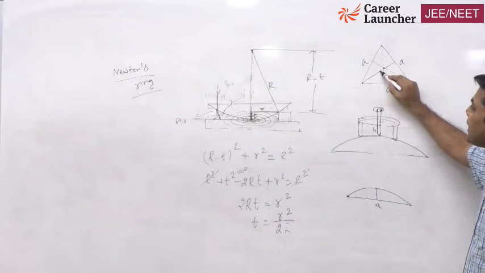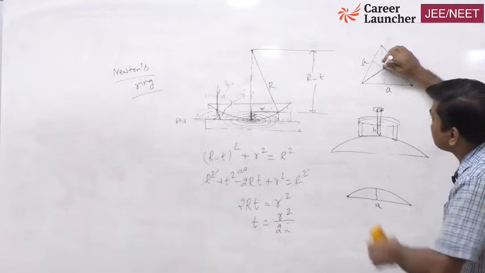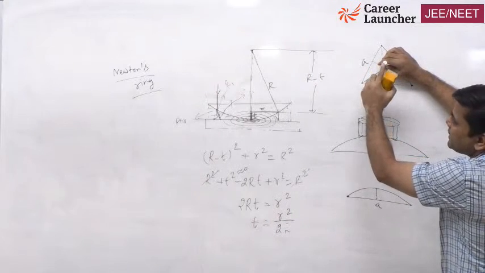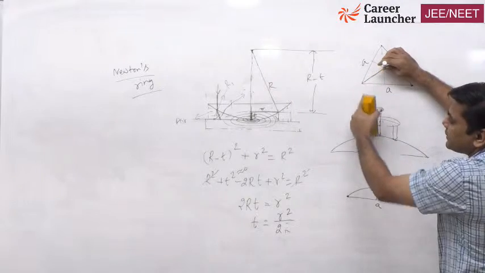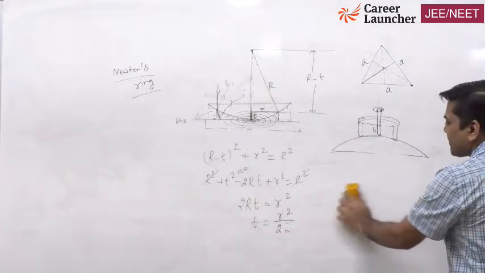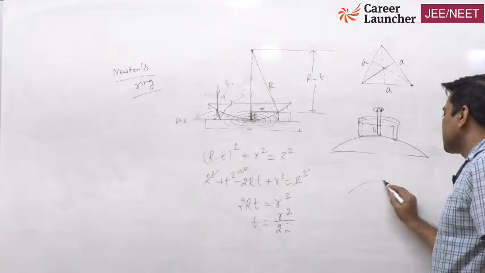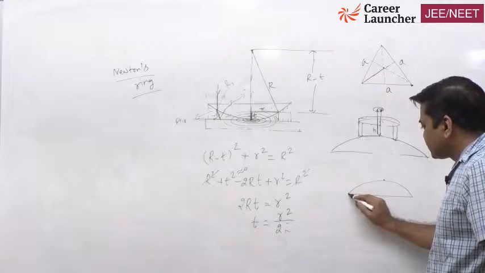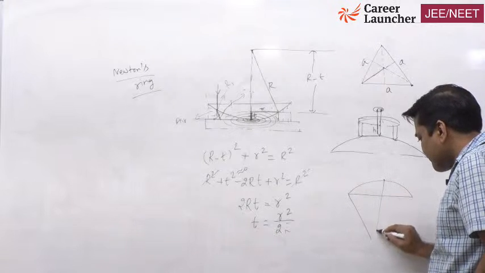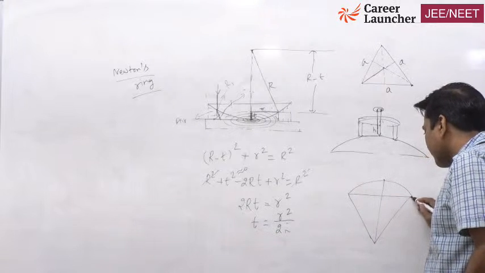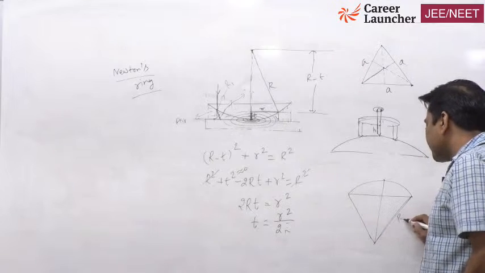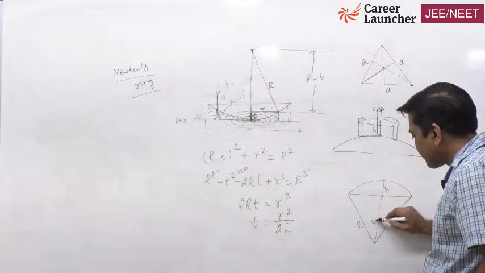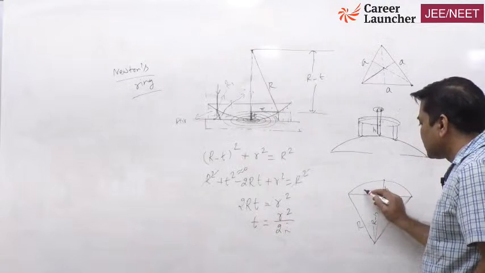H is the height you can measure, and this is known to us as the radius R. I am going to draw this diagram again; you can take the help of this. This is R, this is H, so this is R minus H up to here.